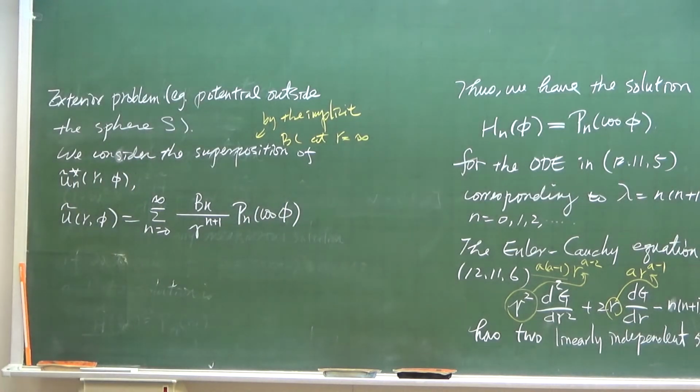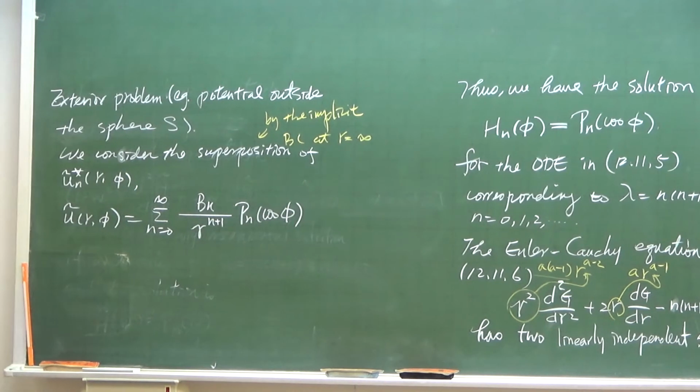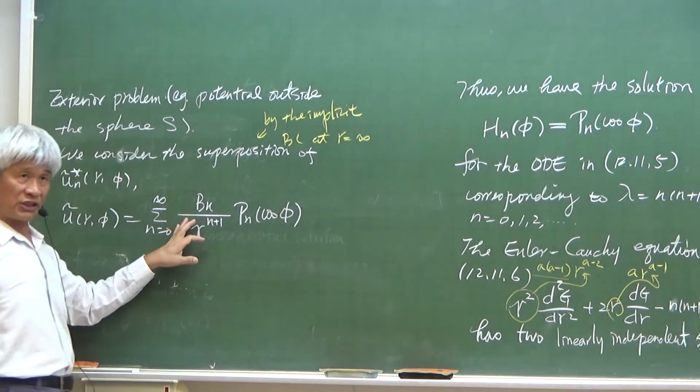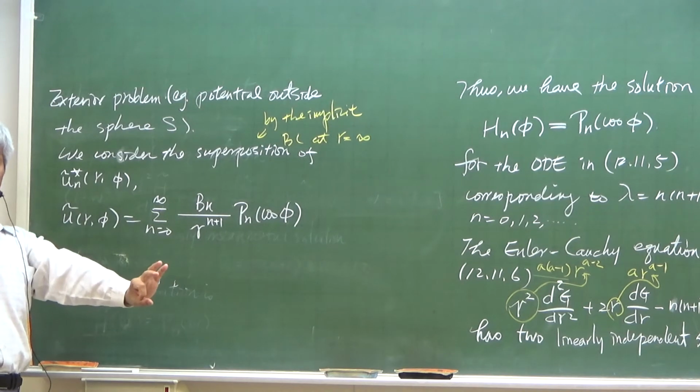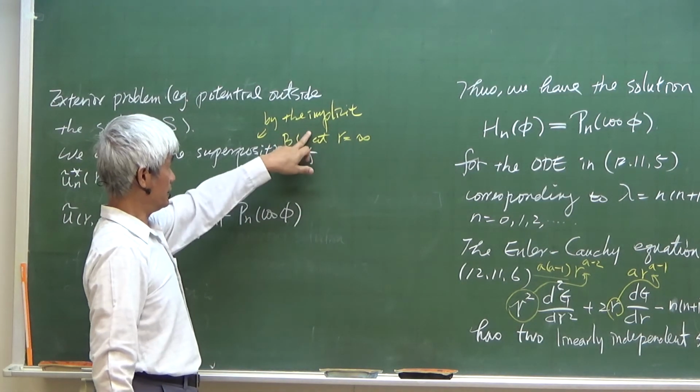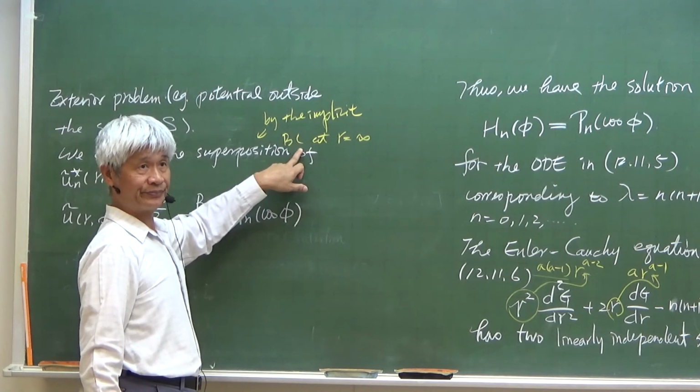Right? So we consider this one. And you know as r goes to infinity, this goes to 0 as we wish, as we specified in the implicit boundary condition before.